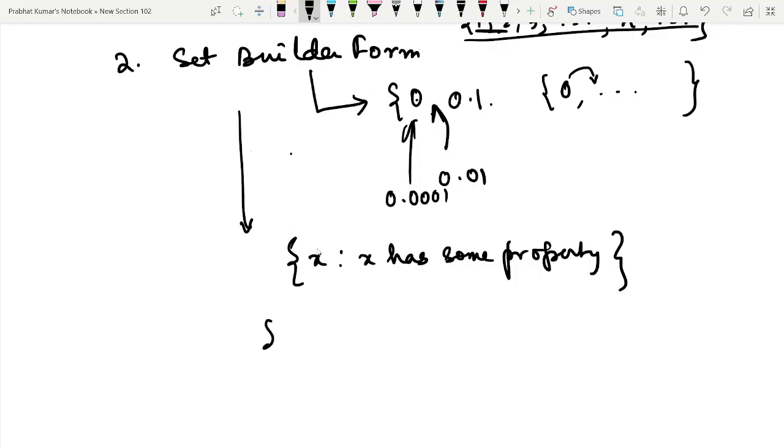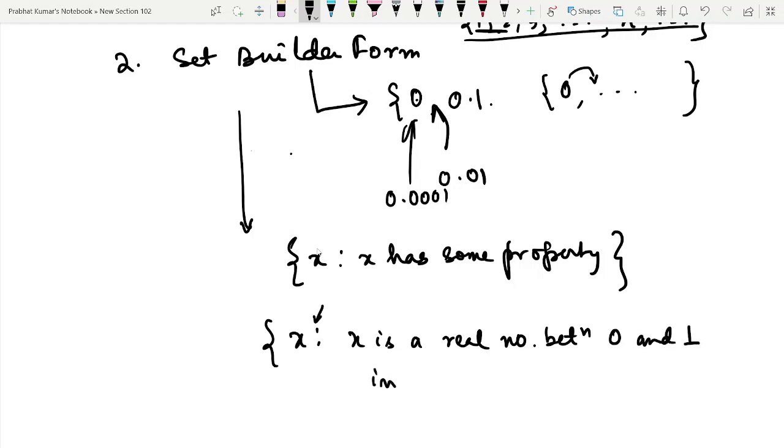This can be written as x such that, read as 'x such that x is a real number between 0 and 1, including 0 and 1 itself', right? So you have written such sets in this form, and that's called the set builder form.